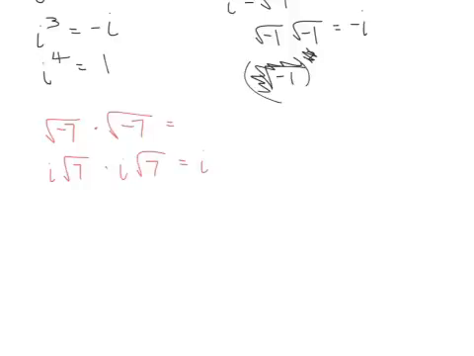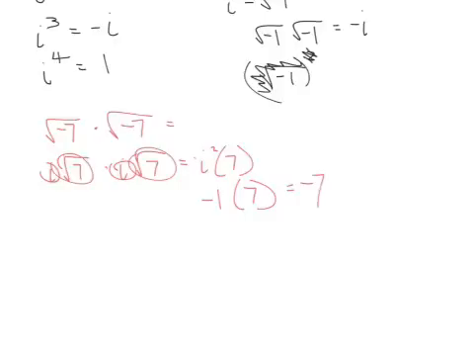And that gives me i squared times 7, because the square root of 7 times the square root of 7 is the square root of 49, which is 7. This times this is i squared, and i squared is equal to negative 1. So it's negative 1 times 7, which is negative 7. So this is a key thing: i squared equals negative 1. That's going to be very helpful to you.